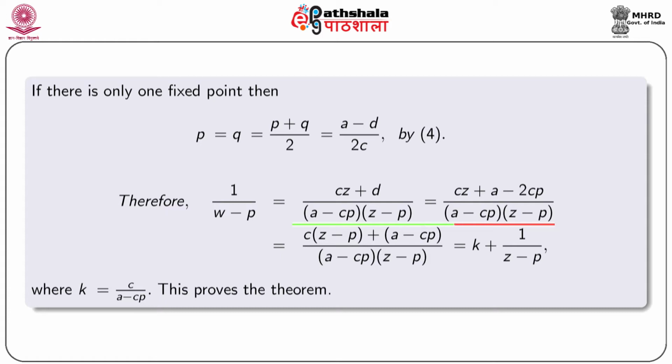Now we replace the value of d from this equation, and then simplifying we obtain 1/(w − p) = k + 1/(z − p), where k = c/(a − cp). So, this proves the theorem.